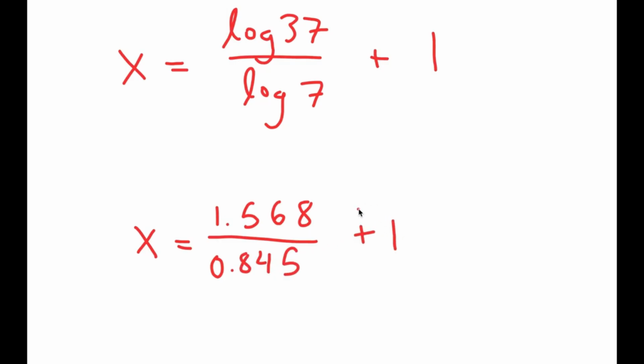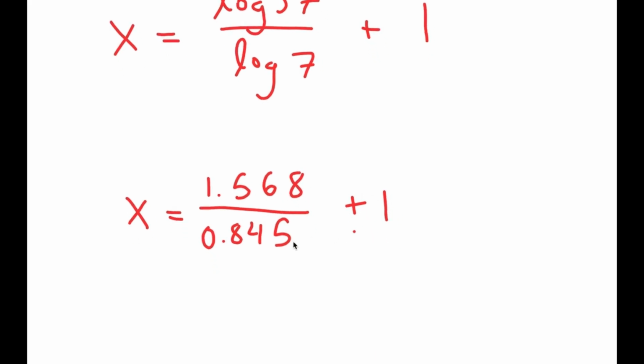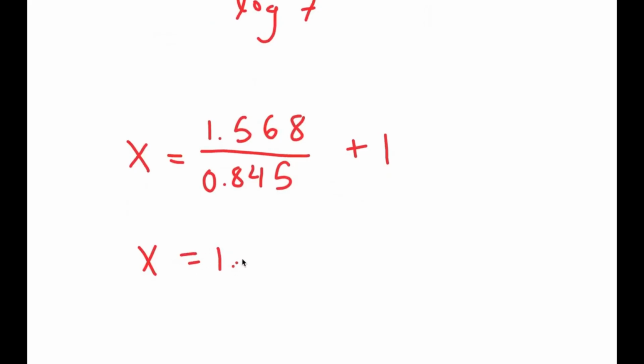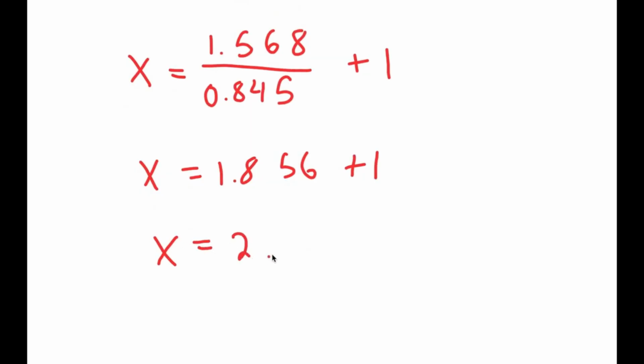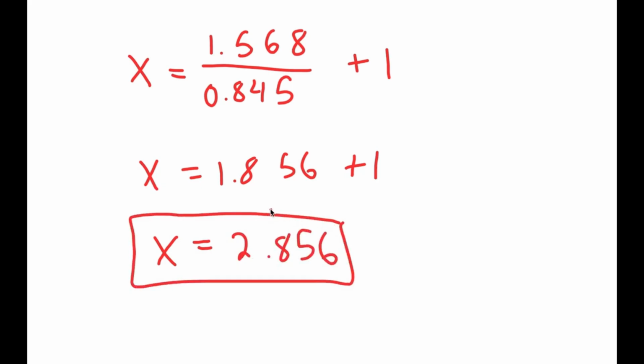So now log of 37 over log of 7 is equal to 1.856. So I have this plus 1, which is equal to 2.856.